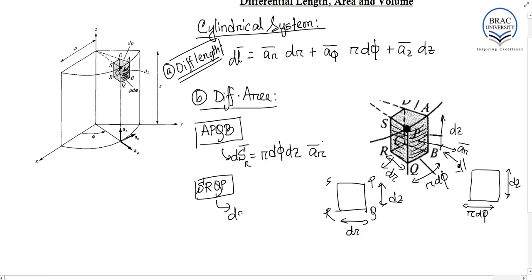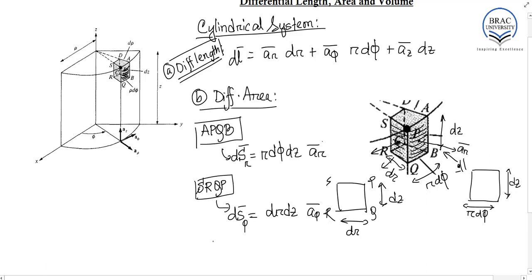So the area will be dr dz, and the unit vector that is perpendicular to it will be a phi. Okay, so dS phi is equal to dr dz a phi.